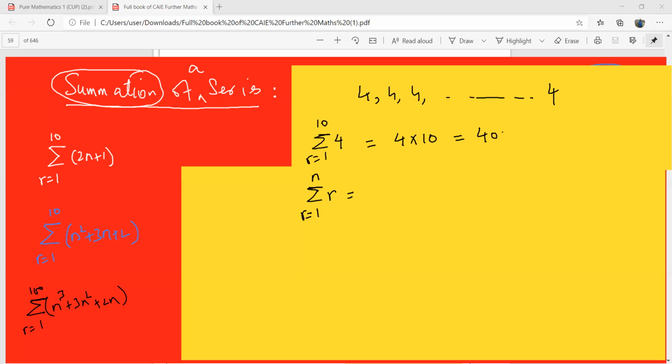You have sigma r from 1 to n, and then for r square. You must know these formulas by heart. So for this, sigma r, it's half into n into n plus 1.